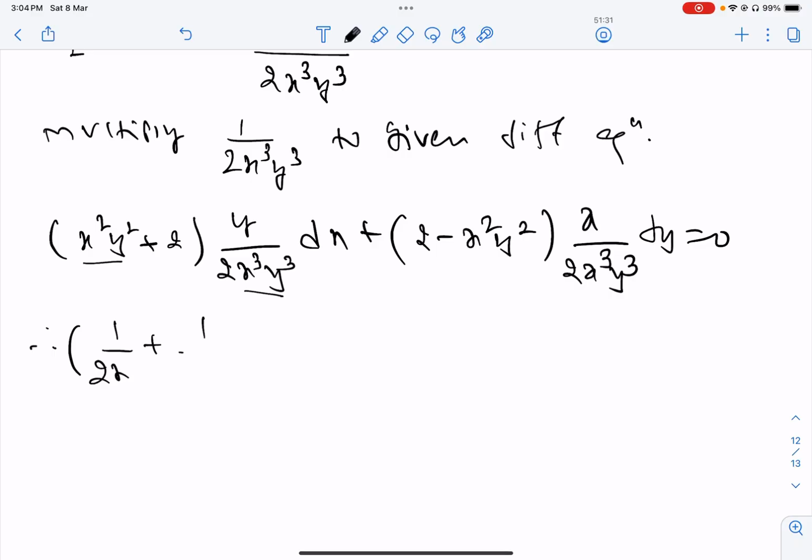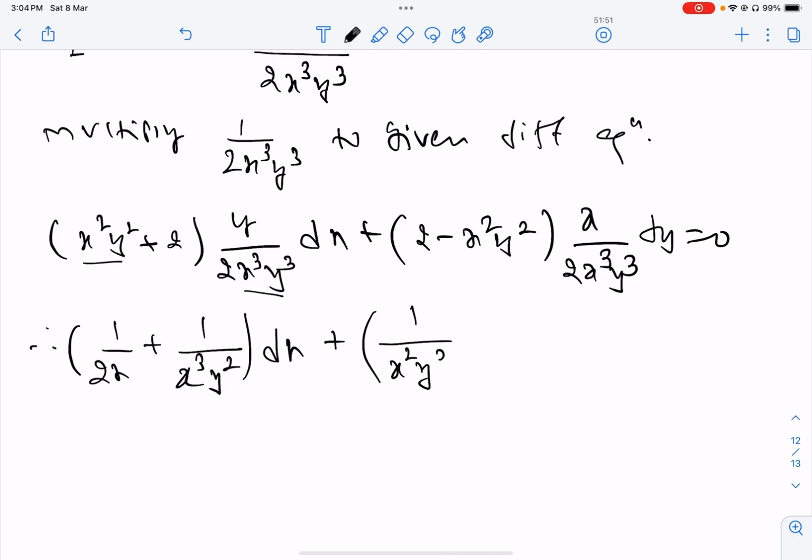So 1 upon x cube y square dx plus, x cancel, 2 cancel, so 1 upon x square y cube minus x square y square. So x square cancel, y square cancel, 1 x also cancel. So x cube cancel, y square cancel. So minus 1 upon 2y dy equal to 0.